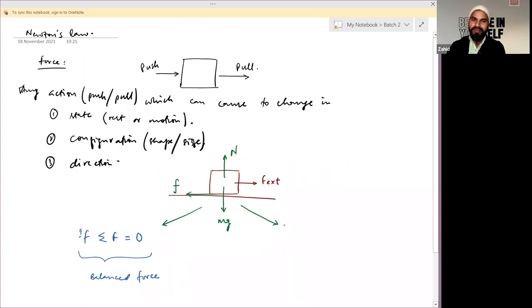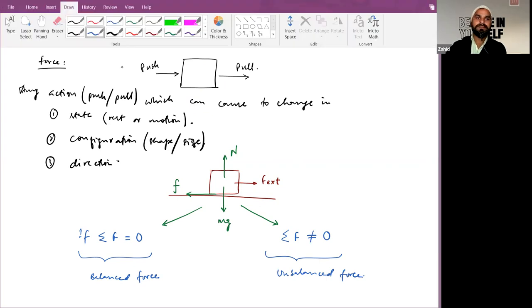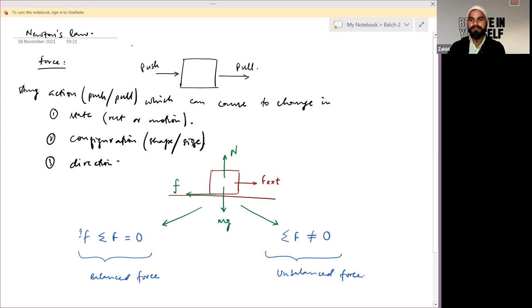Now suppose if external force is larger than frictional force, then summation of forces in this condition would not equal 0. That would be termed as unbalanced force. Is it clear? Yes, sir. Arslan, any doubt? No, sir.